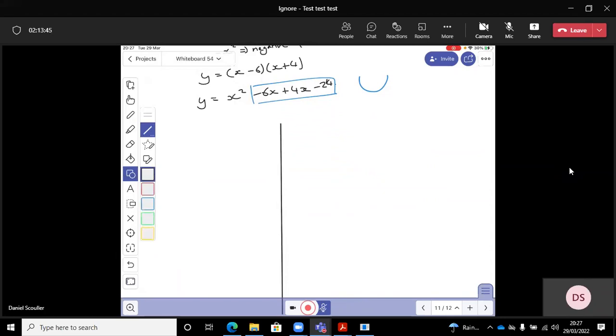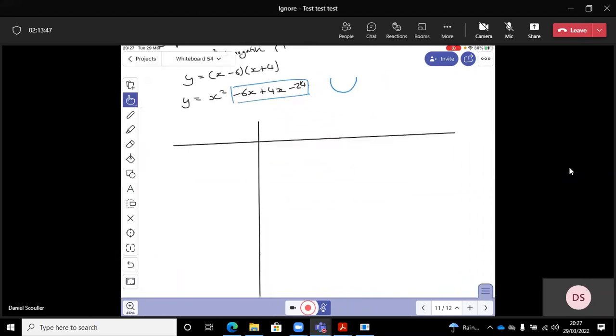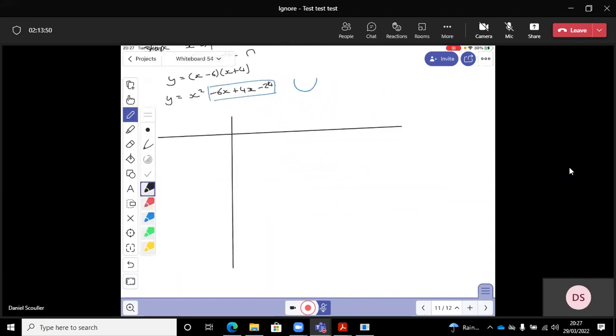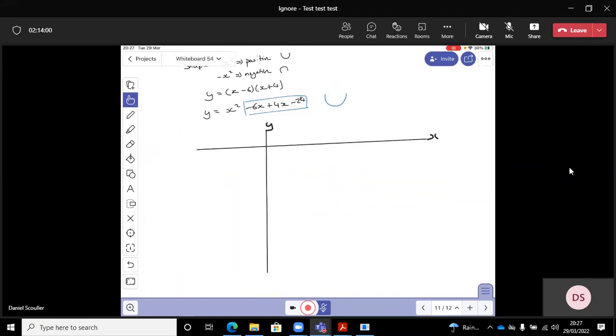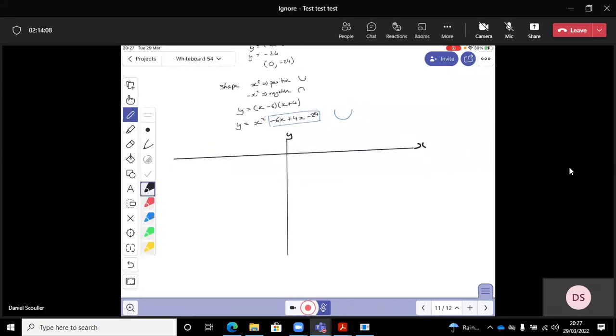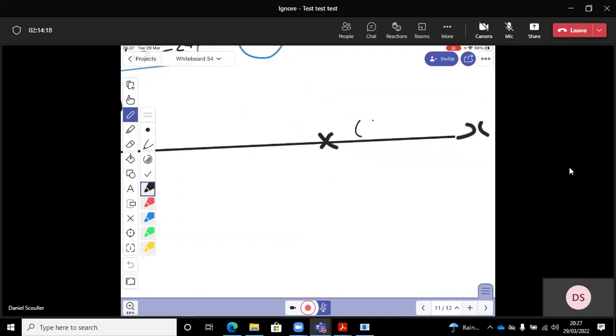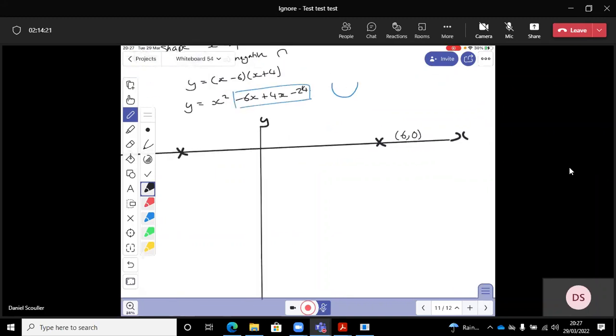Now there's no scale required in this, but do it neatly and label it. So if we go back through the points, it crosses the x-axis at -4 and 6. Right on the coordinates.